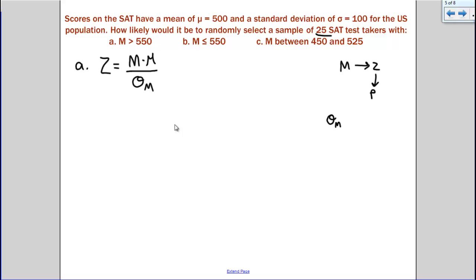So the difference that I would expect to see between any given sample mean from 25 SAT test takers and the population mean of 500 would be equal to the standard deviation divided by the square root of n, which is 100 divided by the square root of 25. So 100 divided by the square root of 25 becomes 100 divided by 5, which is 20.